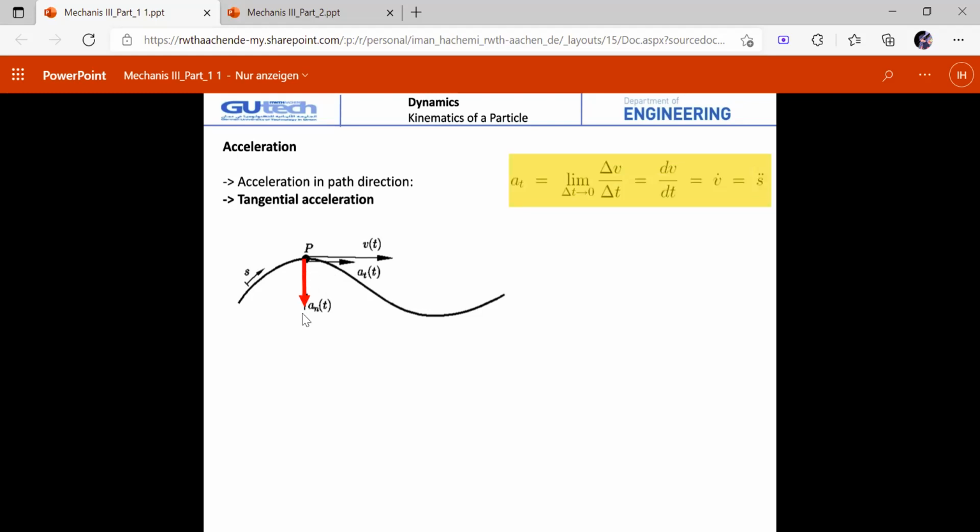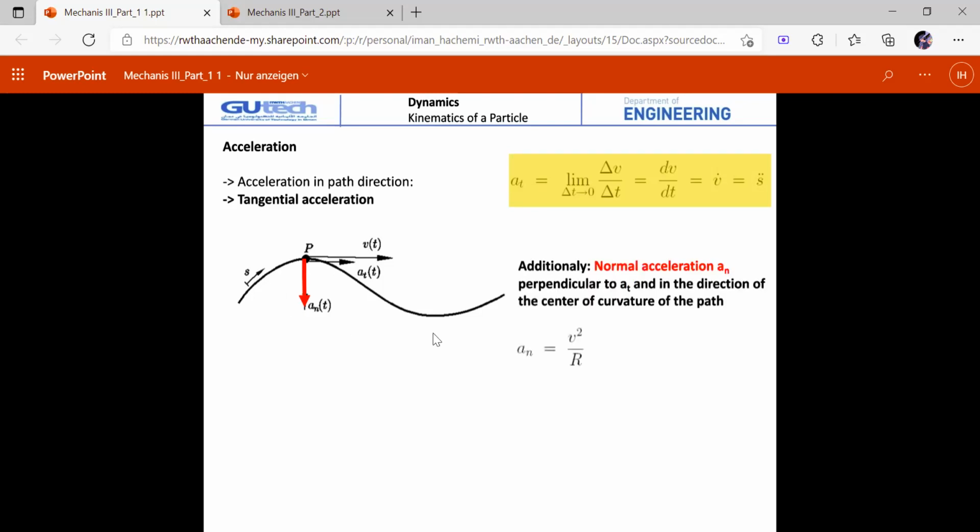Then we have a second component, which is not only the tangential direction, which is always tangent and follows the direction of v, but there is what we call the normal component. We say additionally normal acceleration, en, which is perpendicular to the velocity. The velocity is always in the tangential direction, so en is also perpendicular to et.